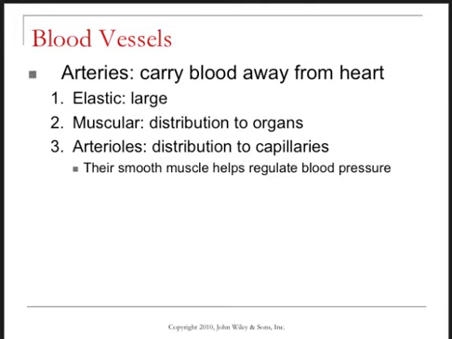Basically, the sympathetic division of the autonomic nervous system sends messages to all of these vessels, the arteries, the arterioles, and even the veins to a lesser degree, to either contract or relax depending on the need for certain tissues in the body to receive a certain amount of blood in a certain period of time.